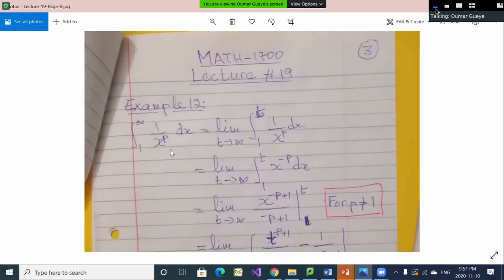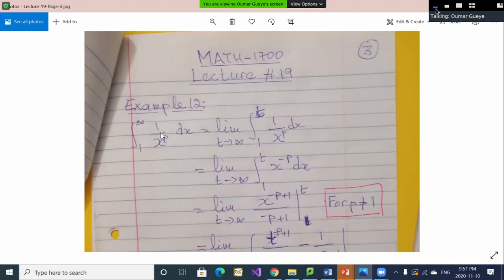So here is our example. We integrate from 1 to positive infinity, 1 over x to the power p, where p is any number. We just want to discuss the values of p making this integral convergent. To do so, I'm going to calculate the integral first.